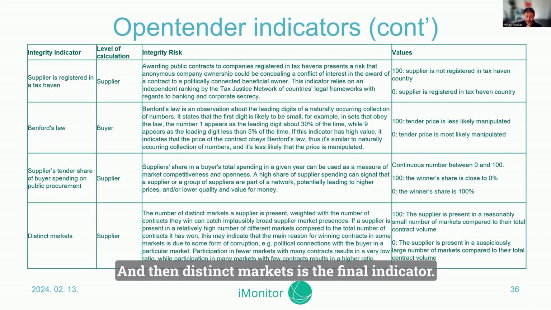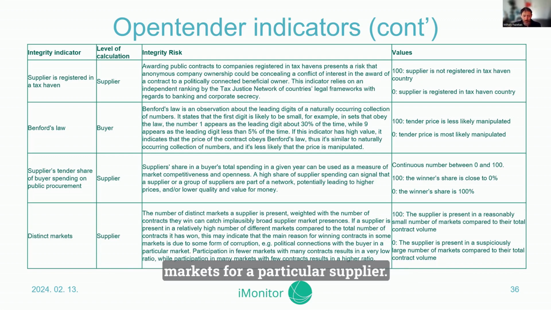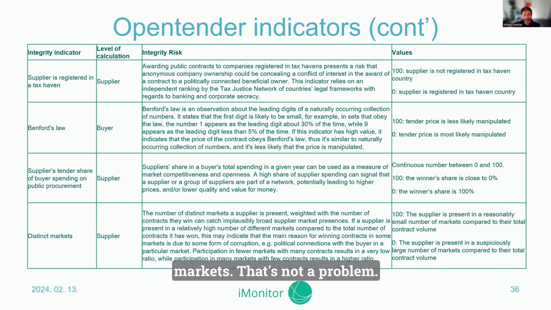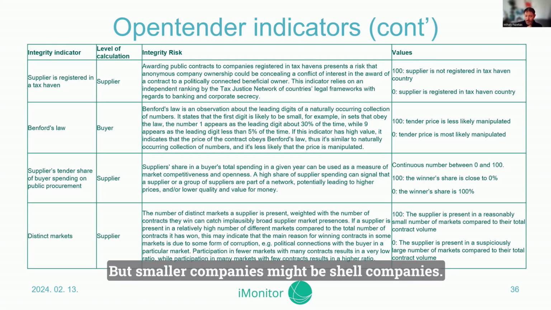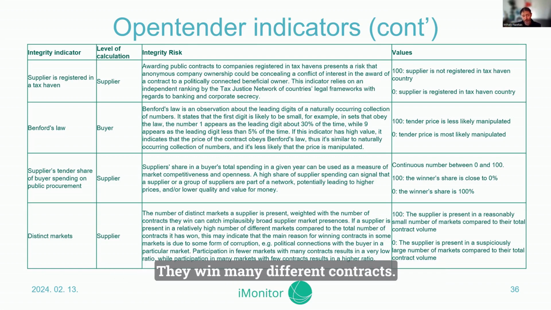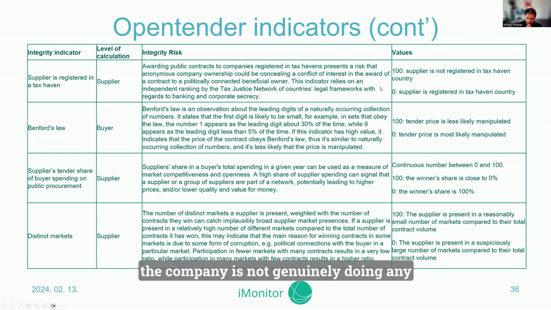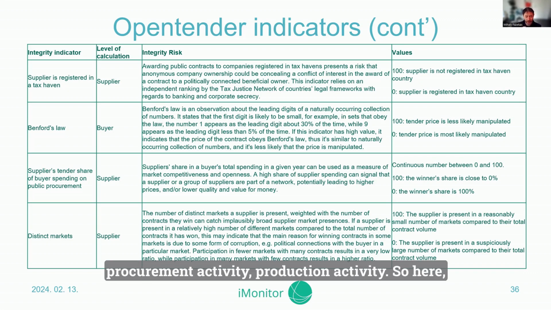And then distinct markets is the final indicator. It's basically an unusual combination of different markets for a particular supplier. Large companies naturally are present on different markets. That's not a problem. But smaller companies might be shell companies. They win many different contracts. One is medical, one is construction, the third one is school meals, and they just subcontract the tenders, and basically the company is not genuinely doing any procurement activity, production activity.